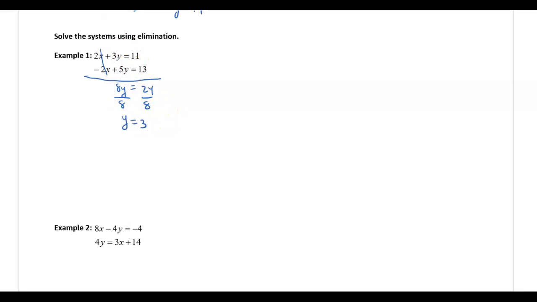But remember, the solution to a system is the ordered pair that makes both equations true. So we have to find x. So I'm going to pick one of the equations. It doesn't matter which one. I'm going to plug y into that equation, and you'll see what happens. I get 2x plus 3 times, out with y, in with the 3, equals 11.